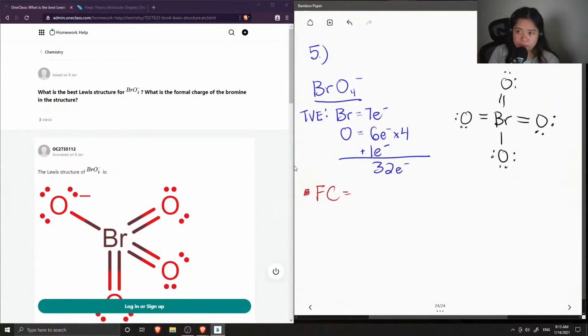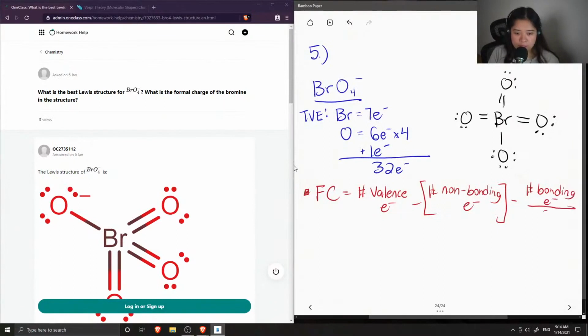So the equation for formal charge is the number of valence electrons minus the number of non-bonding electrons minus the number of bonding electrons divided by 2.